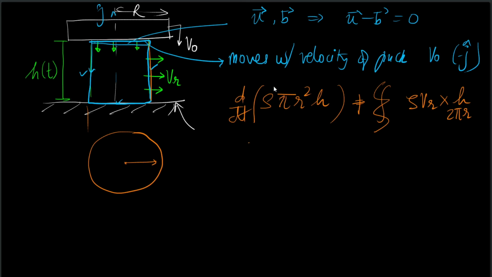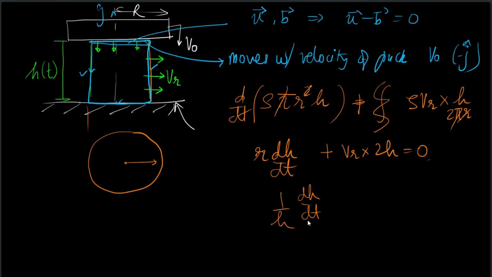So the pi cancels out, one of the r's cancels out. So r dh/dt plus, already cancelled out the rho's, plus Vr into 2h is equal to 0. So dh/dt times 1 upon h is equal to minus twice Vr upon r.